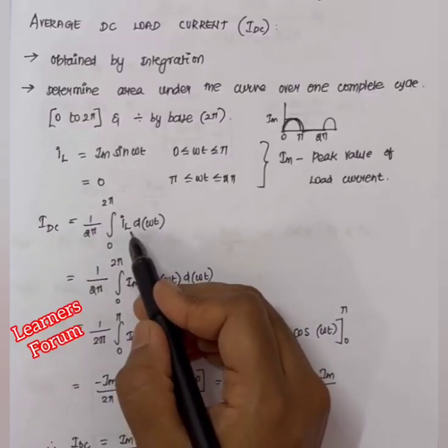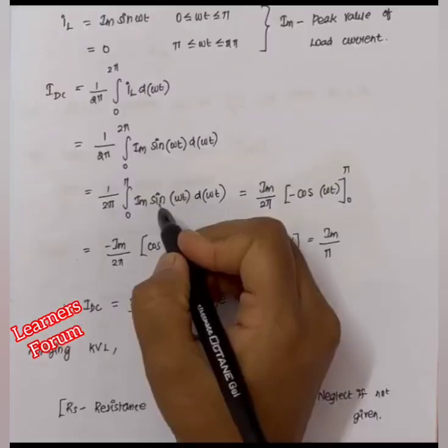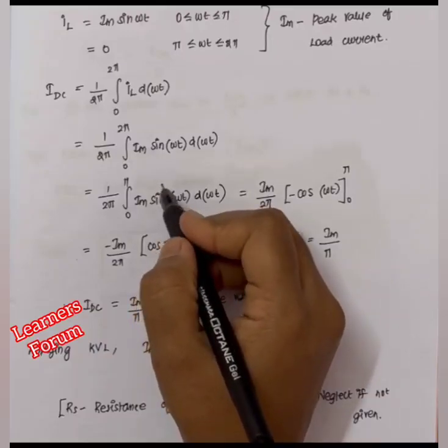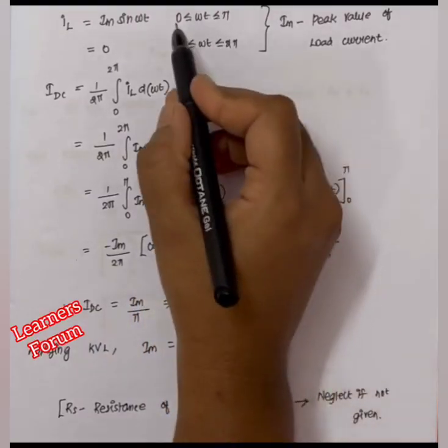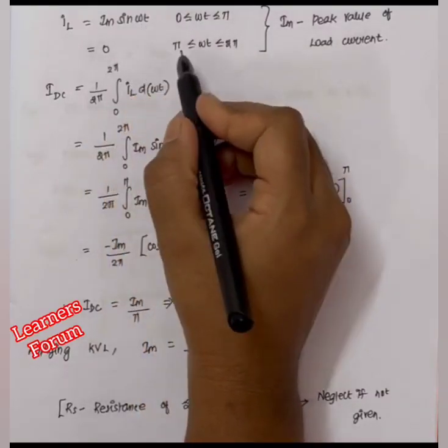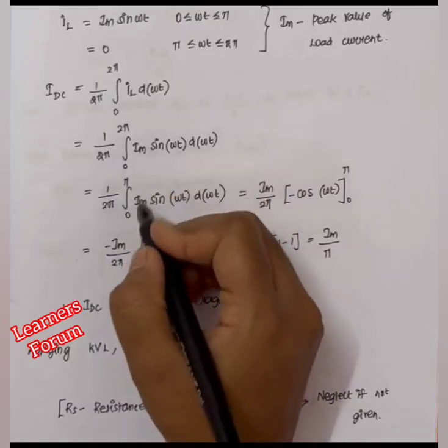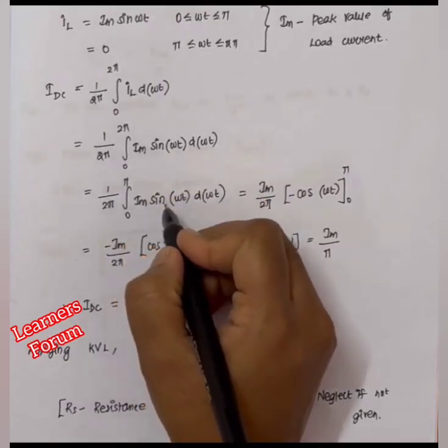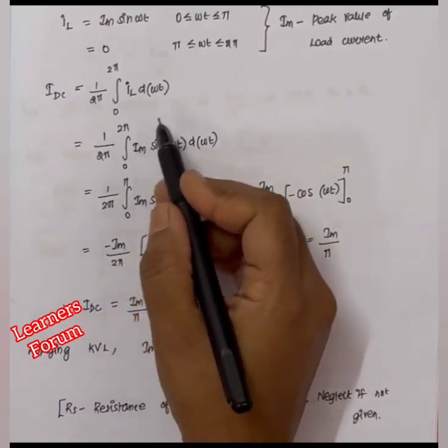Substituting the value of IL over here, it is Im sin omega t d omega t. We saw the different values for the different ranges of load current. For 0 to pi we have a standard value, and for pi to 2 pi it is 0. So we can split the integration in that way. For 0 to pi it is Im sin omega t d omega t, plus from pi to 2 pi it is 0.